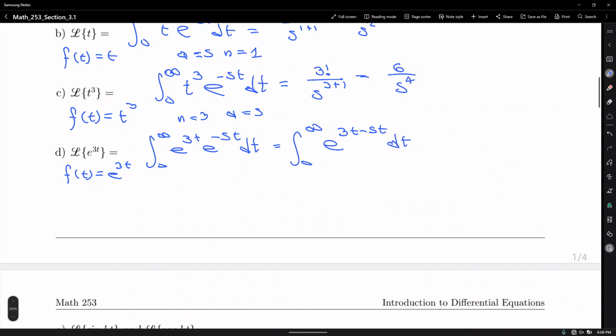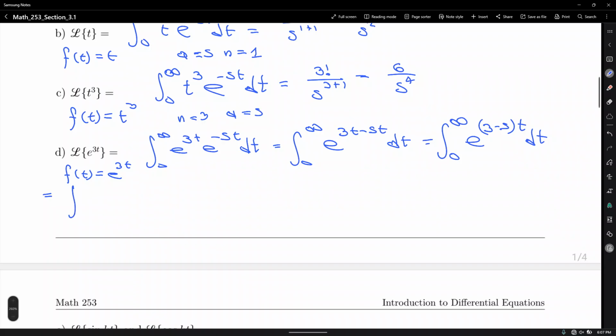I'm going to factor out the t because that's the variable with respect to which we're integrating. So that's the integral from 0 to infinity of e to the (3 minus s)t dt. But actually, I'm going to rewrite this by reversing the order of the terms.